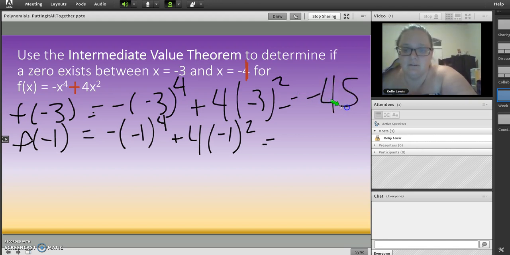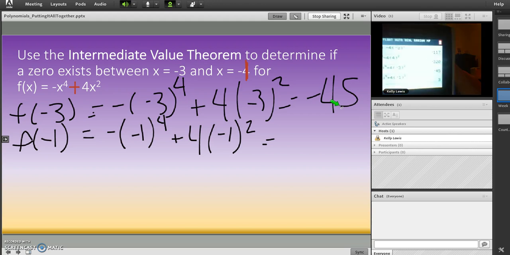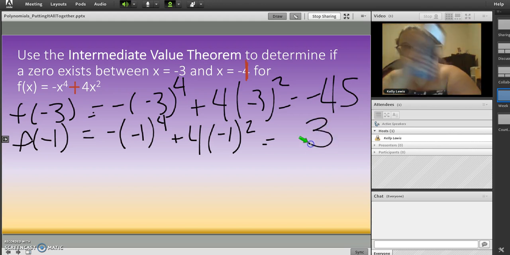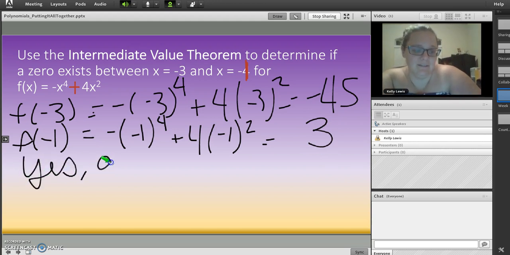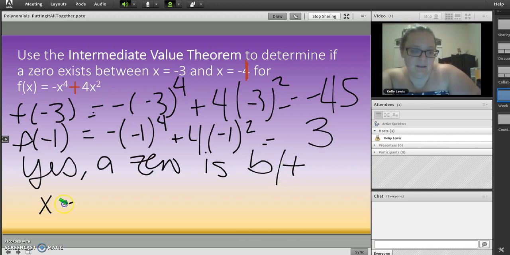Now we're going to do negative 1. Okay, and I get positive 3. So one's positive, one's negative. So yes, there's a 0, a root, a solution, an x-intercept between x equals negative 3 and x equals negative 1.